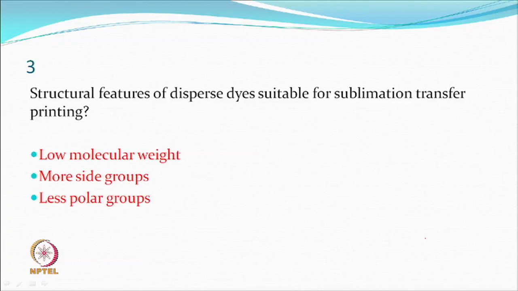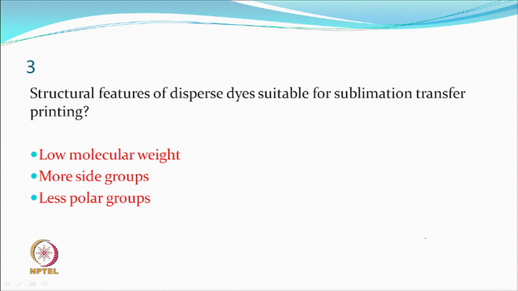So, organic material which can sublime has to have some of these characteristics. If it is a low molecular weight compound, it will help sublimation. If there are more side groups, then it will help sublimation. If there are less polar groups, then again it will help sublimation.